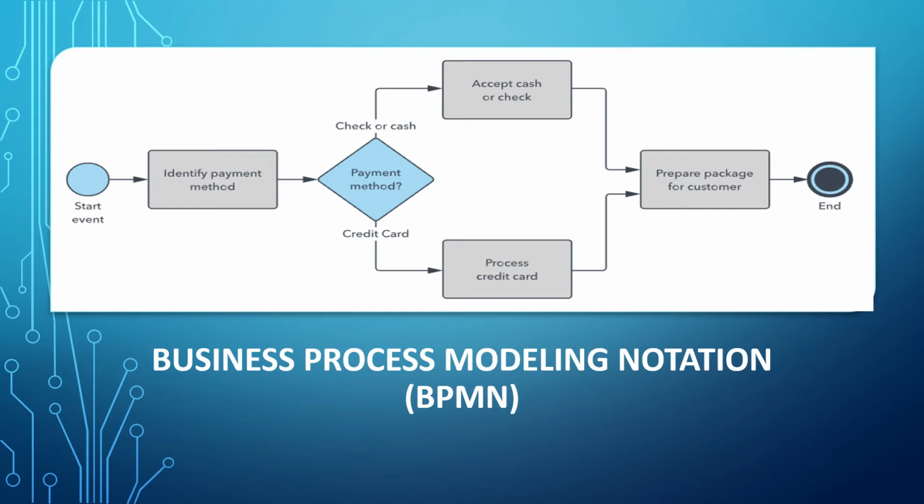Here we will discuss business process modeling notation first. As we gave in the definition just now, it covers the end-to-end business process. This is the starting point and this is the end of the process, and within is the explanation of the process.